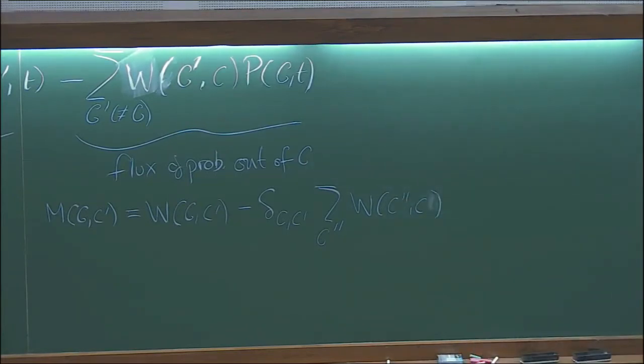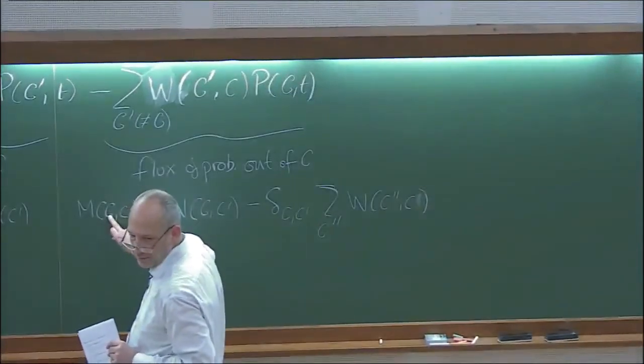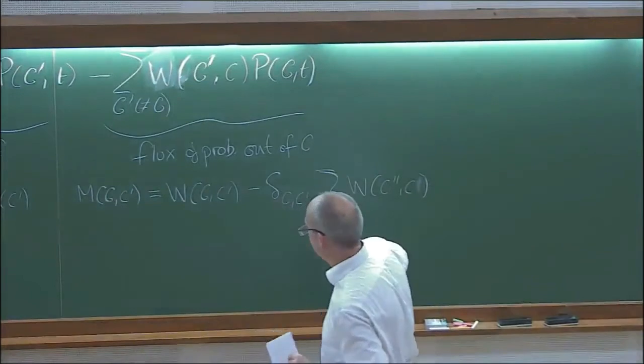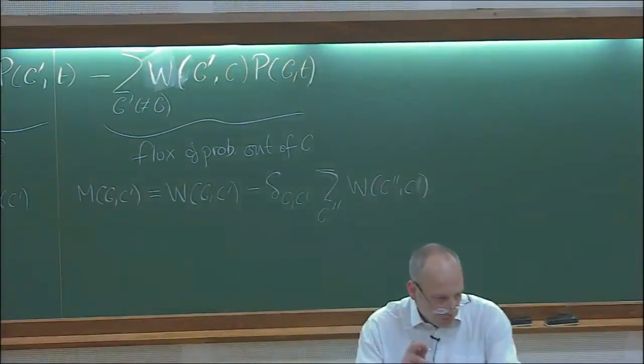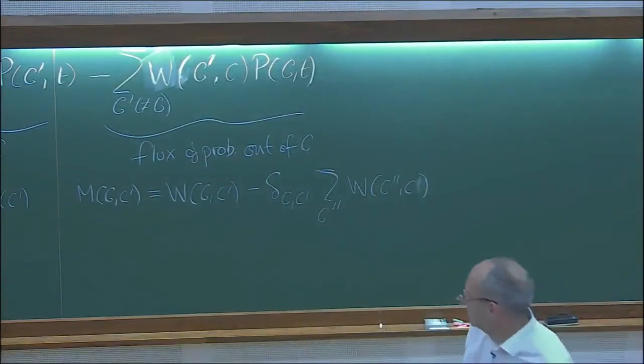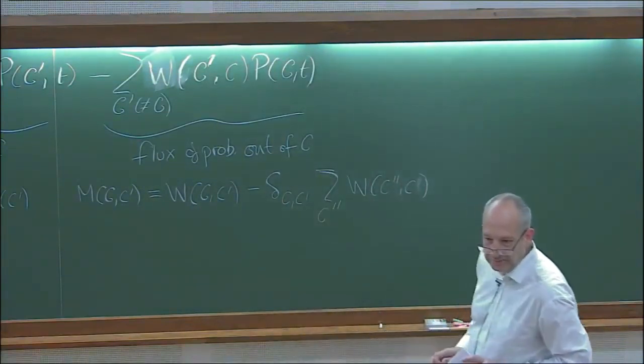So I've put all the transition rates out of configuration C into the diagonal of this matrix. So the CC element, the diagonal element, is the negative of the sum of the transition rates out of C.